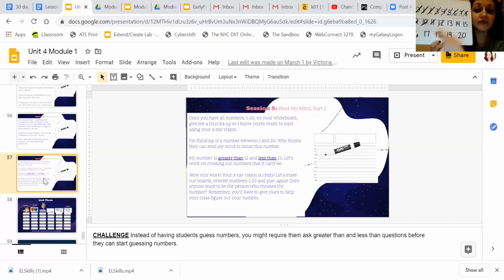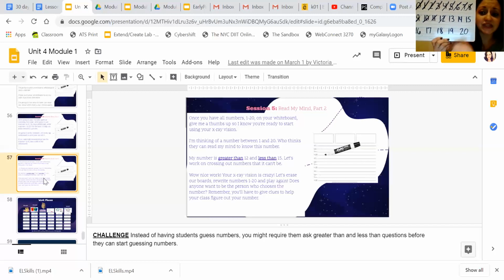So guess what? We have to cross out all of these numbers because you know what? Those are not less than 15. Those are greater than 15. Let's cross out those numbers now. I'm going to cross out all the numbers that are greater than 15 because Miss Ewan is thinking of numbers that are less than 15. So I'm going to circle it for you.